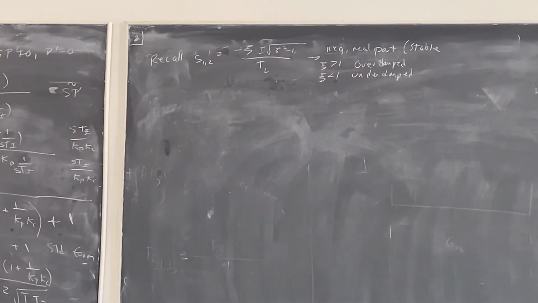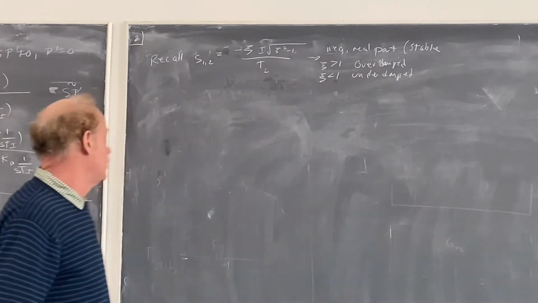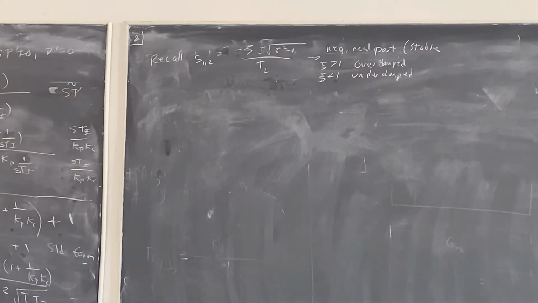So those are things that we recall, and we obviously know that C is positive. And A and C: A is T2 squared, and C is 1. So they're both positive, so this thing is negative. But I don't know if this is greater than 1 or less than 1. It depends. And what does it depend on?